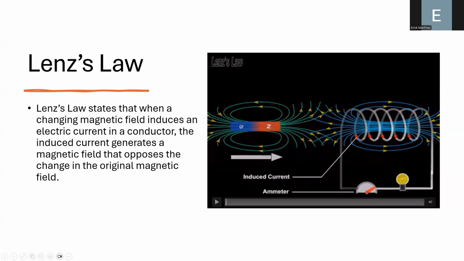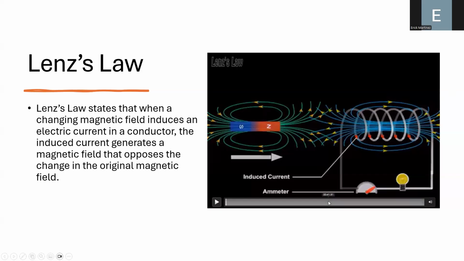So when the magnetic field is moving away from this coil, you will see that the magnetic field will point in the opposite direction. You can see that this is pointing up to this side, and the magnetic field of the coil is pointing to the right side.